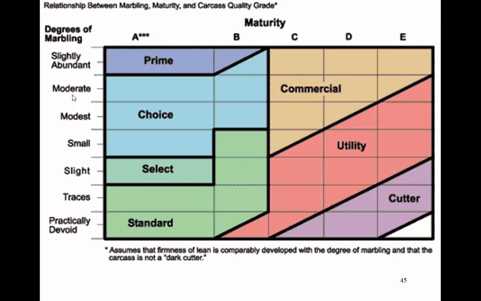This is a partition along 2 further axes of the same beef or meat generally. So this axis is the degree of marbling, and you want to have slightly abundant marbling. The marbling is fat, but it contributes to the taste. And if you have too much fat, then it takes away from the taste.